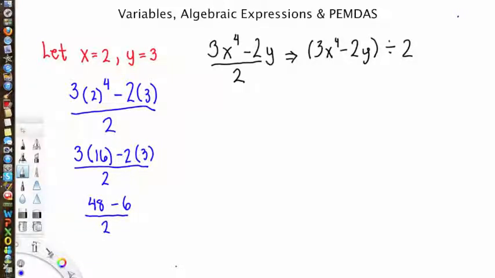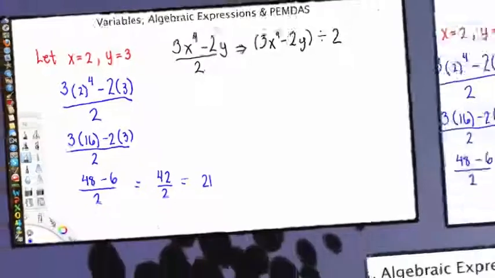We're still solving what's inside these parentheses here, because we have to take care of the numerator before we can divide. So now we have 48 minus 6, which is equal to 42 divided by 2, and 42 divided by 2 is 21. And there you have it.